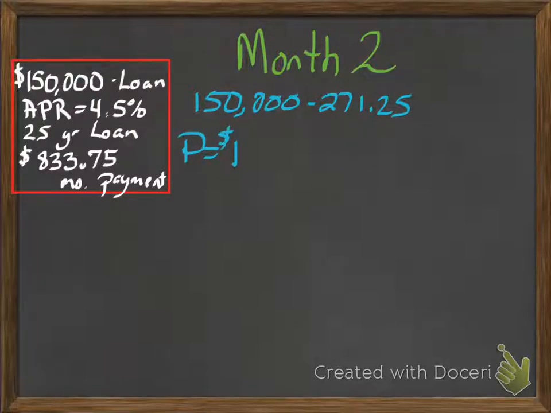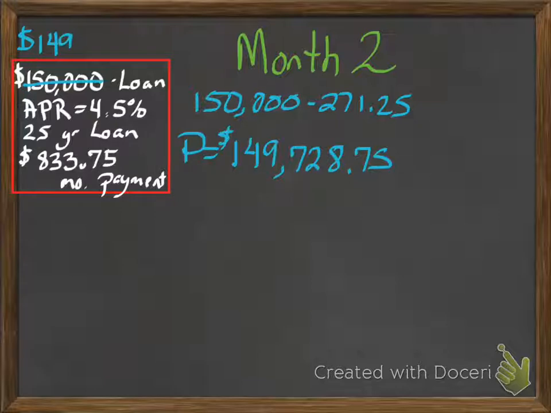We reduce the starting amount by what we paid last month. Use your calculator: $149,728.75. So that's no longer the amount we owe; how much we owe has reduced. With every payment we make, our goal is to reduce the principal that we owe on our loan.